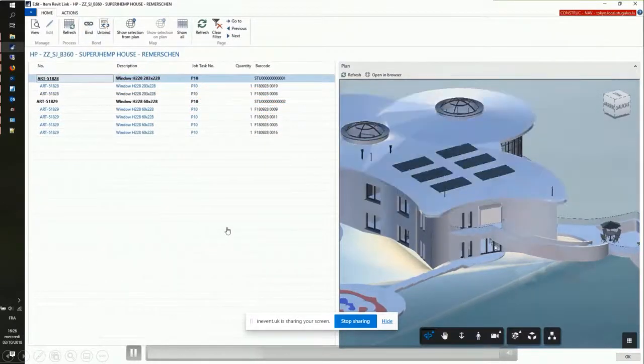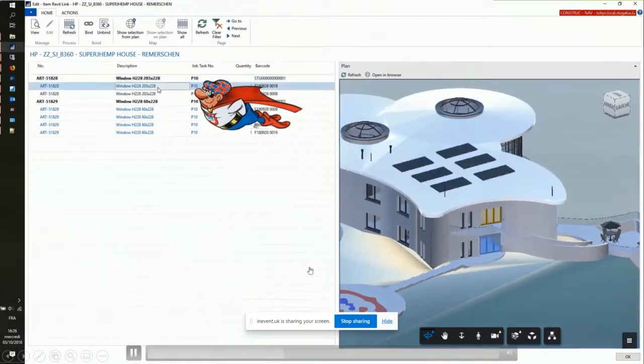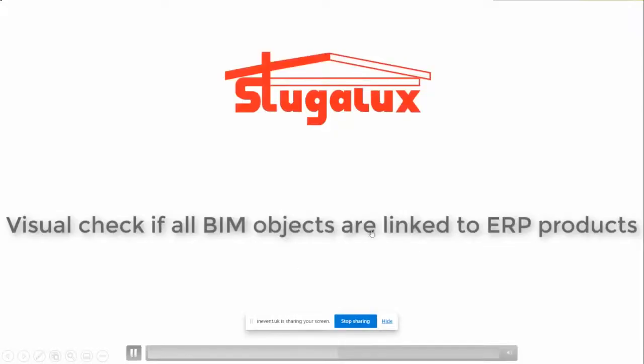So in 2018, we presented this at the Autodesk University in Las Vegas to show the integration of our BIM models with our ERP system. And you see that the windows that are selected are really windows.